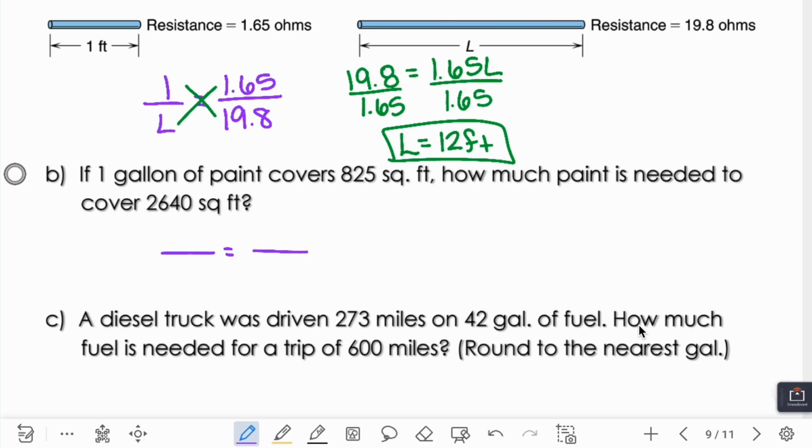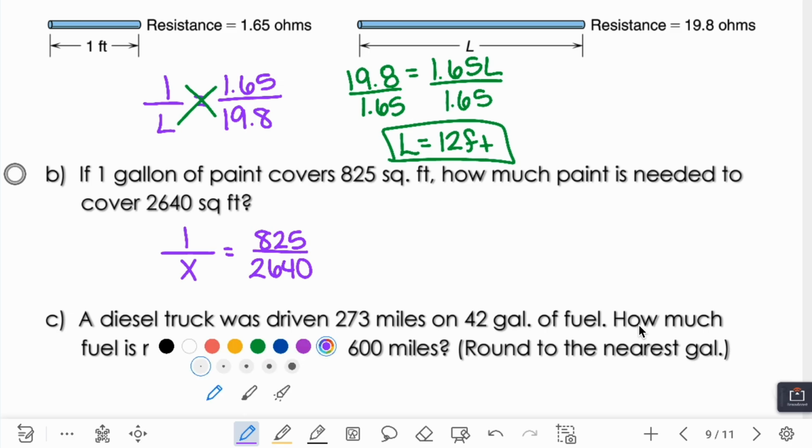I'm just going to draw 2 fraction bars with an equal sign. I'm going to go ahead and put my 1 gallon up in the numerator of my first ratio. That corresponds with 825 square feet of coverage. So then how many gallons do I need to cover 2,640 square feet? Notice that I'm putting gallons of paint as one ratio and I'm putting square footage as the other.